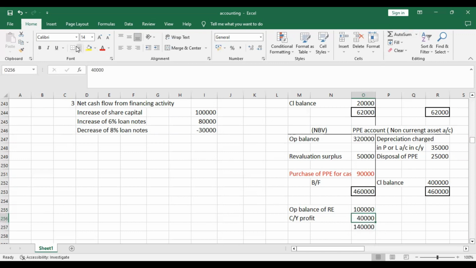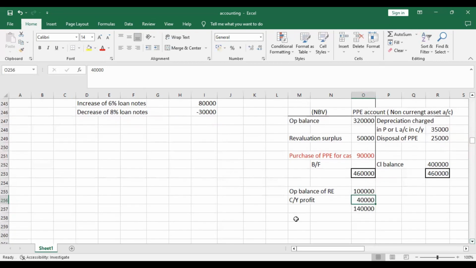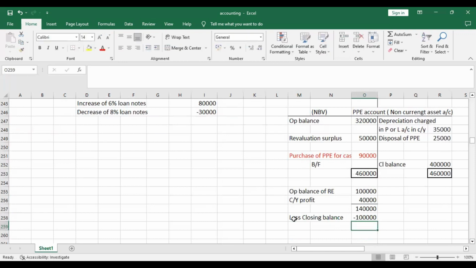But your closing balance is showing only 100,000. So less closing balance. How much is the closing balance? It is minus 100,000. So what does it indicate? It shows very clearly there is a payment of dividend of 40,000. This is called payment of equity dividend.